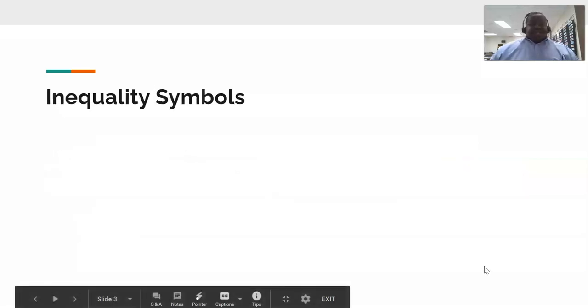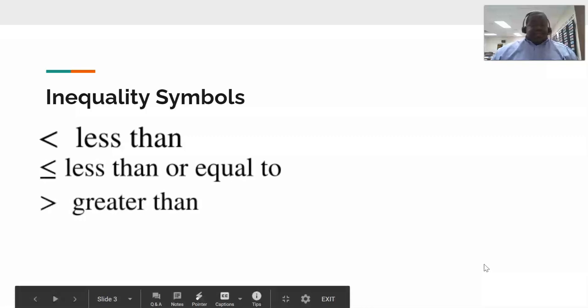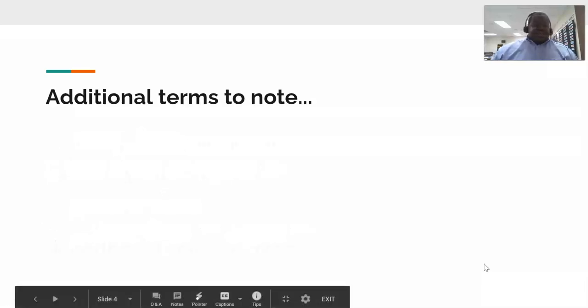For our inequality symbols, we have four. The first one is less than or equal to, greater than, and greater than or equal to. Additional terms to note.